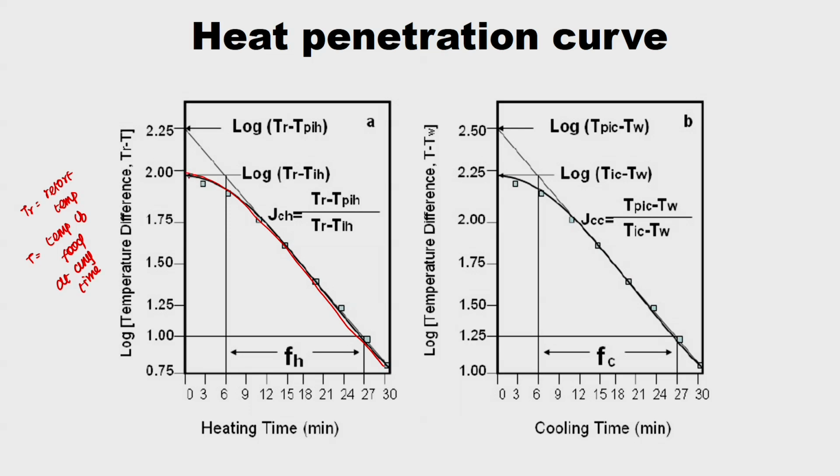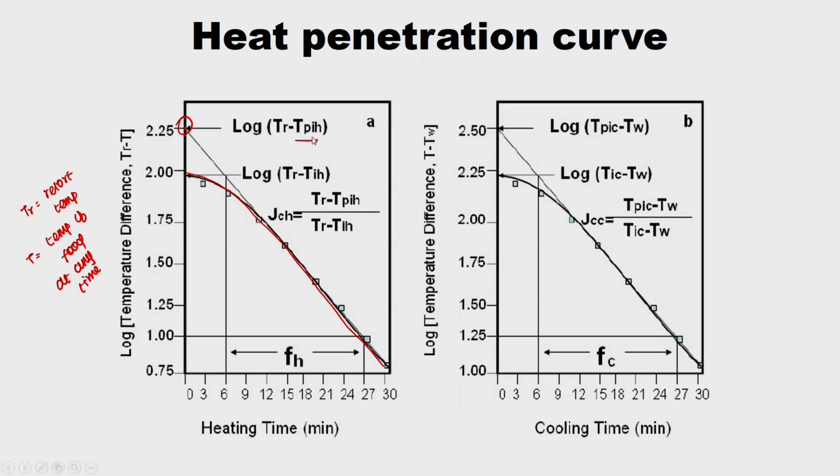Here the heating starts at 0, but we already said it takes a particular come up time, right. So, here what I do is I just extend this as a linear line, and it touches the y axis at this point, right. This we call log of TR minus TPIH.